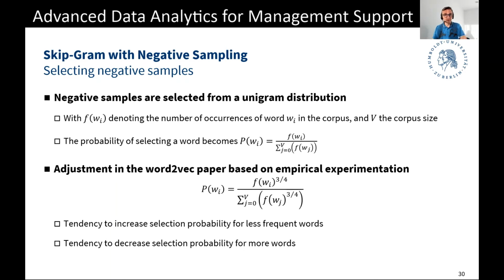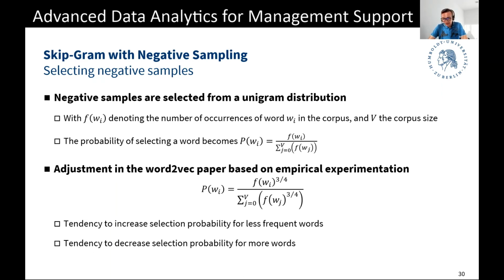So for a word like "the", this will be a big number. For a rare word, very rarely used in the English language, this f of wi would be correspondingly very low. And then if we normalize that with the size of the corpus v, in this way, we could basically sample the negative examples based on that probability distribution.